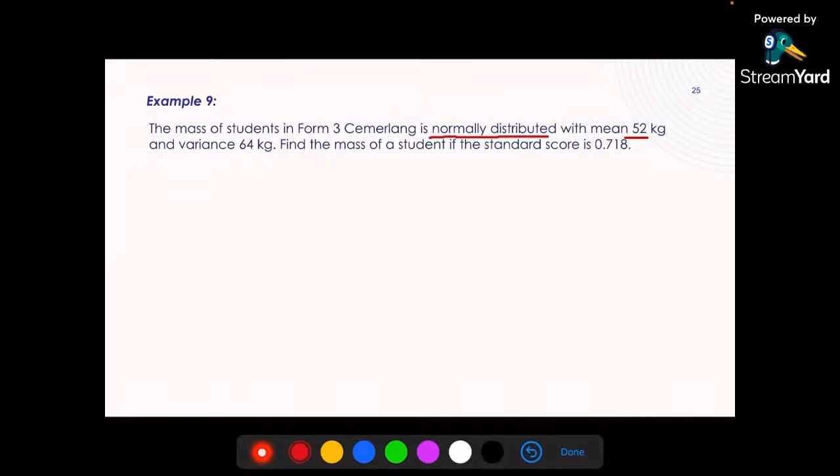Mean 52, mean ni simbol dia adalah mu kan. So 52. So every time kalau kita dapat soalan macam ni kan, variance adalah 64 kg. Find the mass of student in standard score. Find the mass of our student if the standard score tu adalah Z. So nak cari X lagi. Find the mass. So solution.